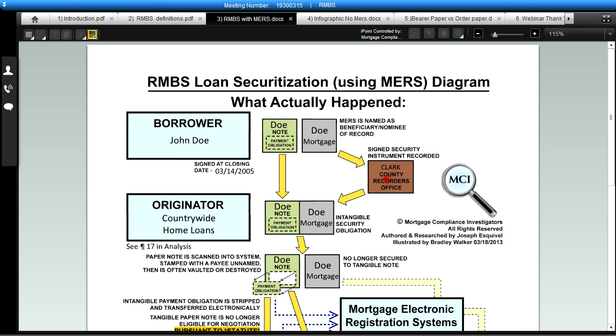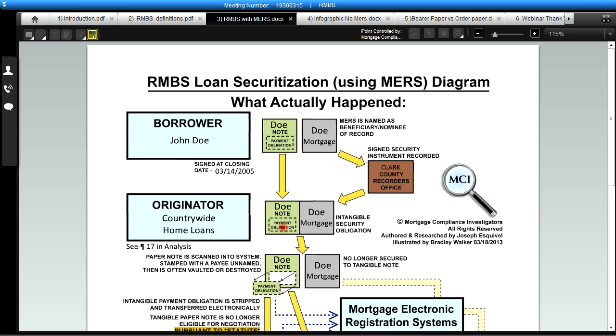Once that is done, constructive notice to the world has been given. And when constructive notice to the world has been given, we now have a perfection of lien. We now have the security instrument attached to the debt, the legal debt, the promise to pay.